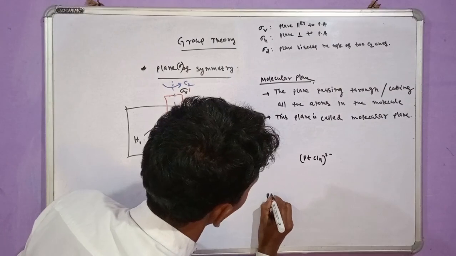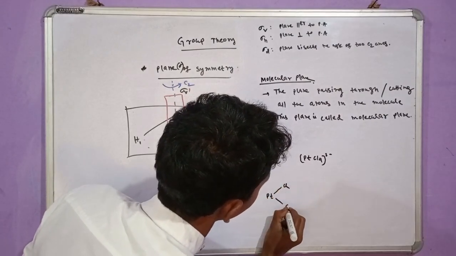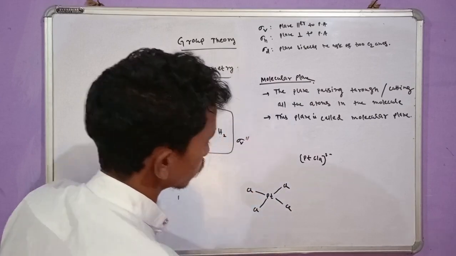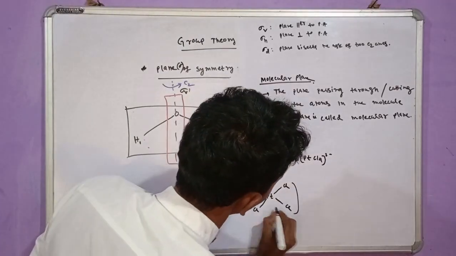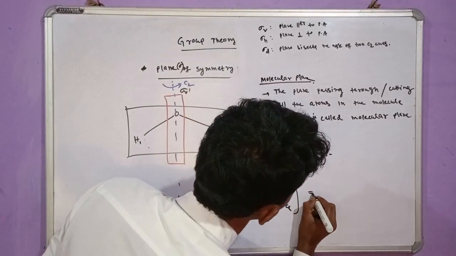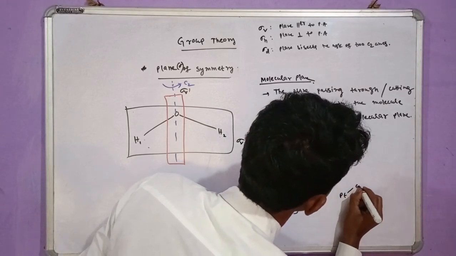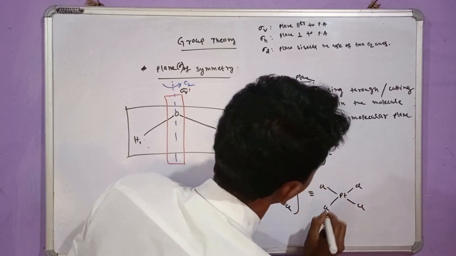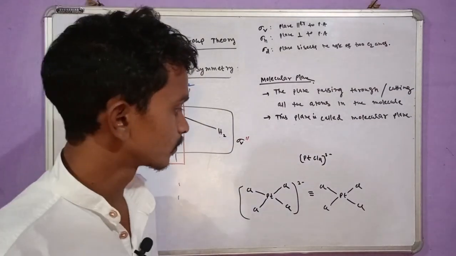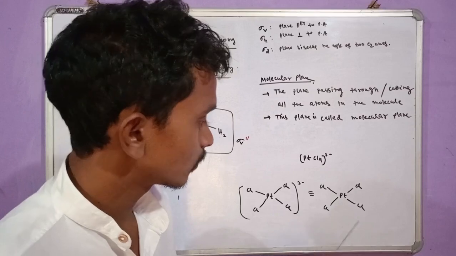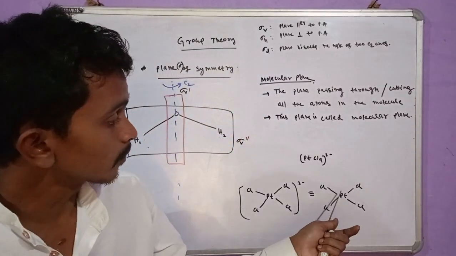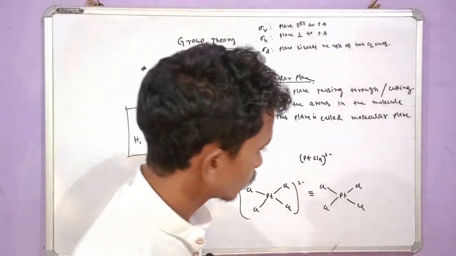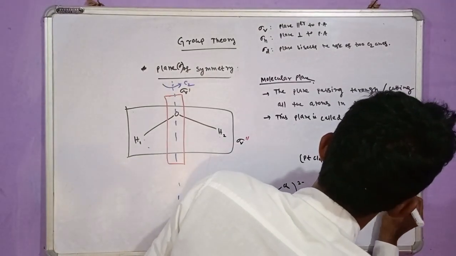If I write PtCl4, here Cl, here Cl, Cl, and Cl. Although it is 2 minus, for understanding I can write it like this. In this molecule, we have already discussed in axis of symmetry that the principal axis is C4.